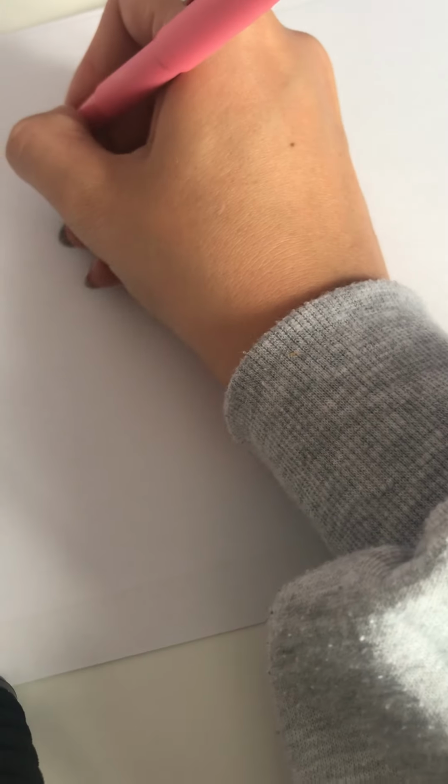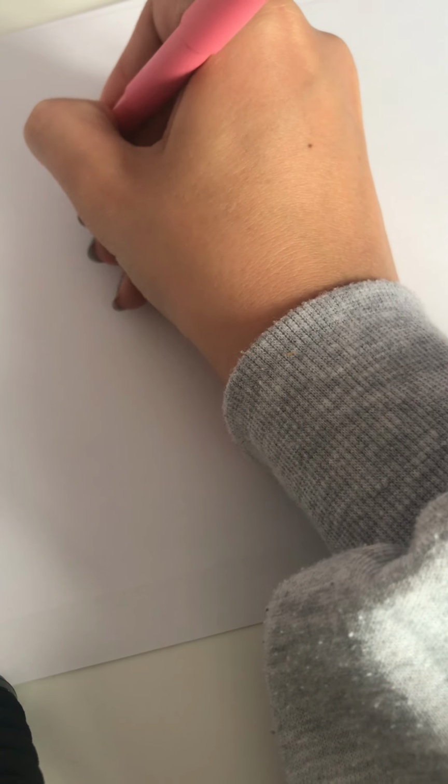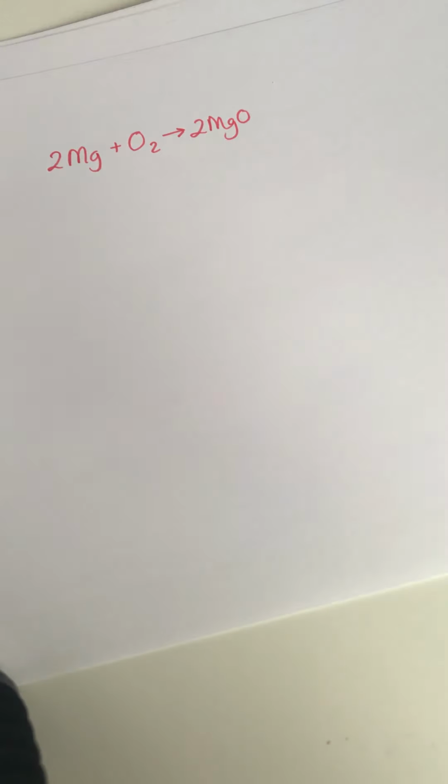So if we take the example of magnesium burning in oxygen. Okay, so we're going to work through all of the steps here. I've got the reaction 2 magnesium plus O2 makes 2 magnesium oxides.